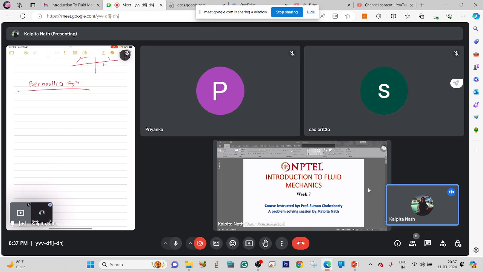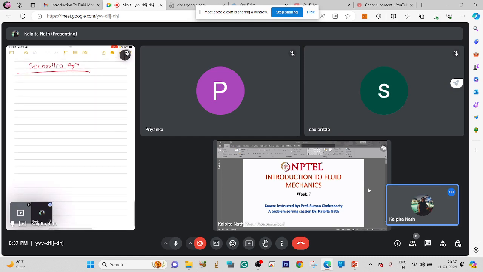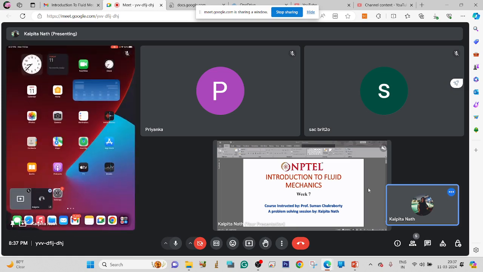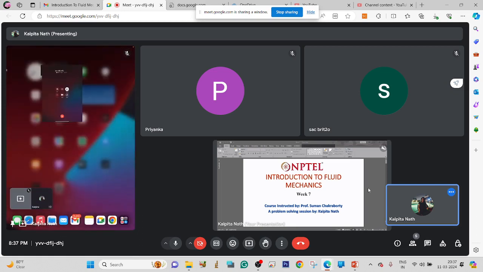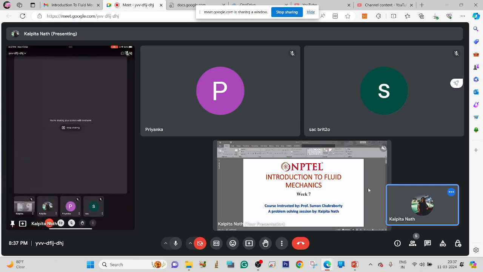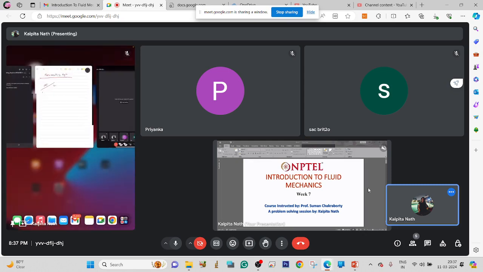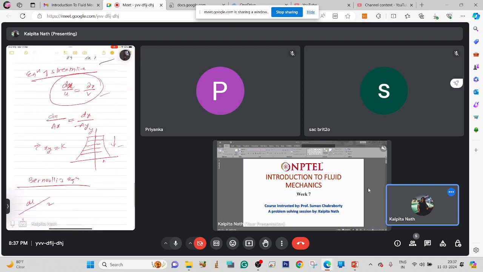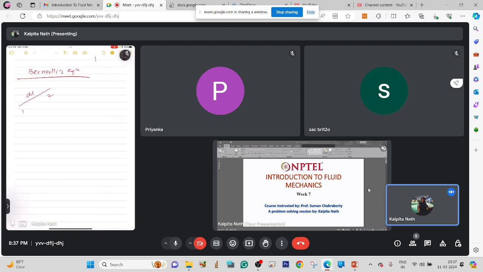The derivation will be done from the Euler's equation. So if I take 2 points and if I take a line element between these 2 points, this will be dl is equal to dx i cap plus dy j cap plus dz k cap.